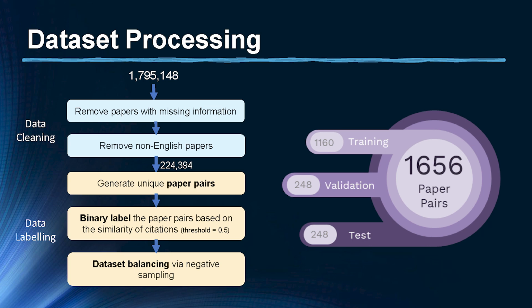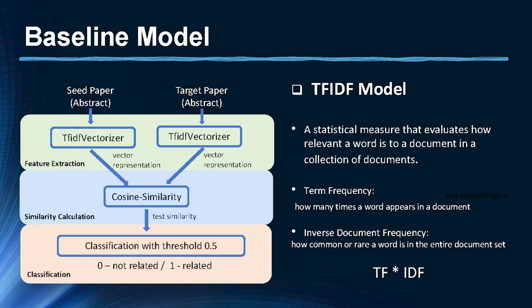Lastly, we balanced the dataset via negative sampling. Our resulting dataset contains 1,656 data points that are split into training, validation, and testing sets with 0.7, 0.15, and 0.15 ratio.